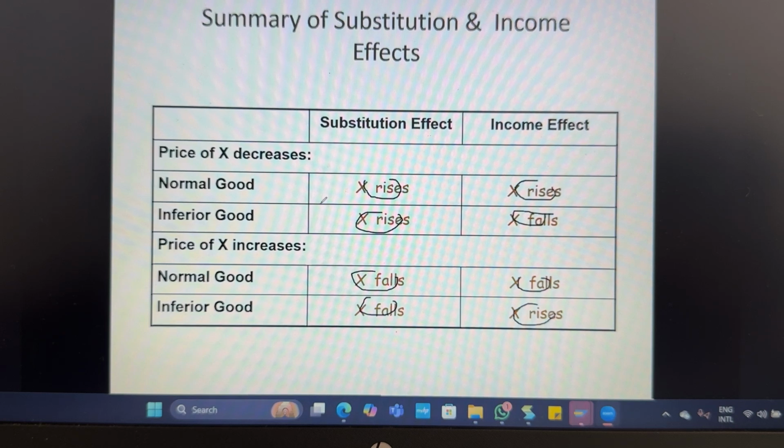You can make the same chart on a separate paper when you study this one and see whether you can get the same answer for each and every one of these cells. Right? Now the price of X decreases. This is what happened in the market.